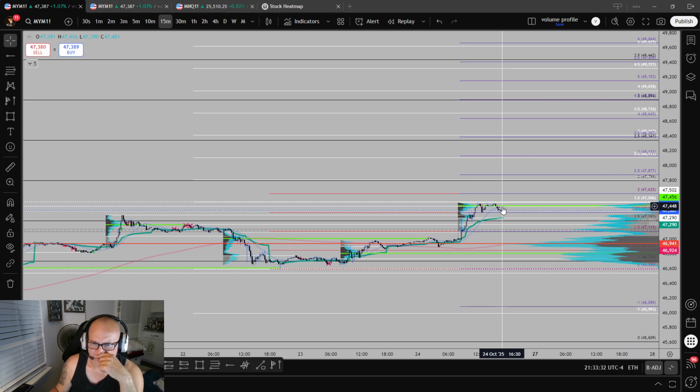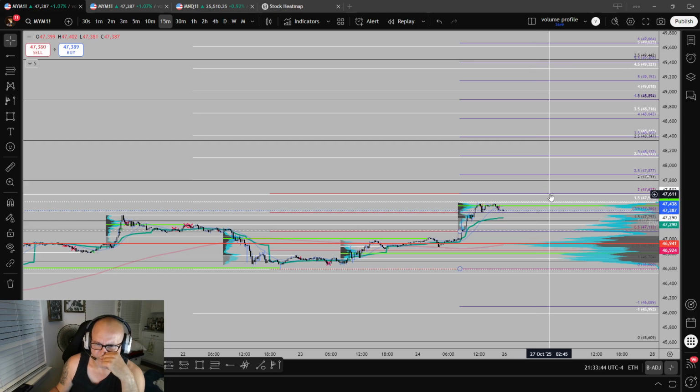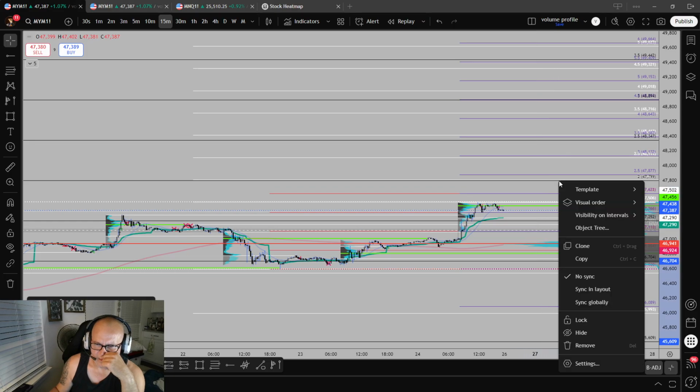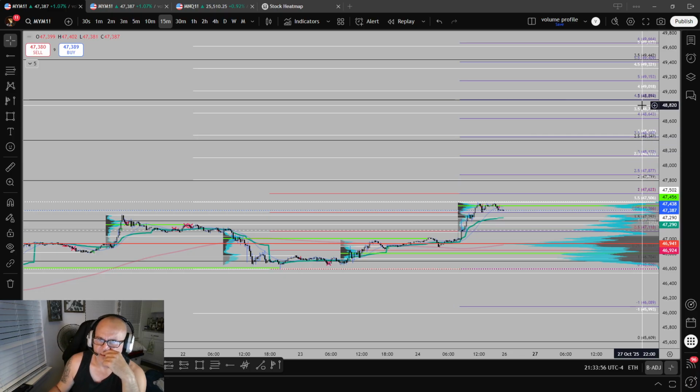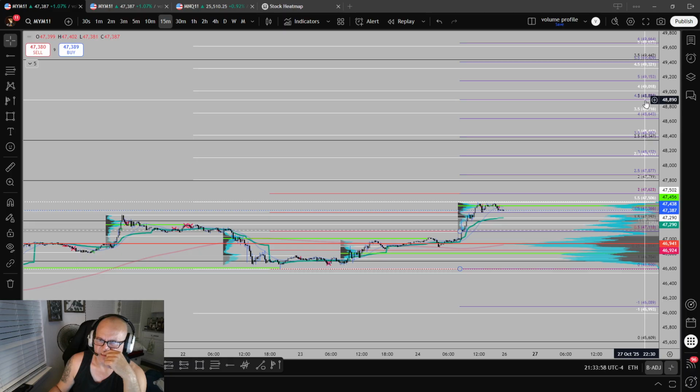Okay, so this is what price action looks like. Down to the 25, up to the 2, down to equilibrium, up to here, down, and then just kind of bouncing its way up all the way close to the 49,000 level.